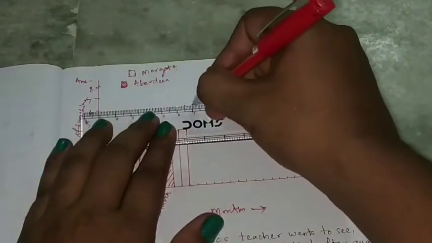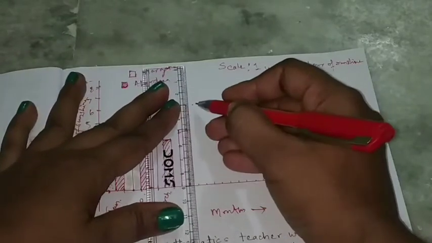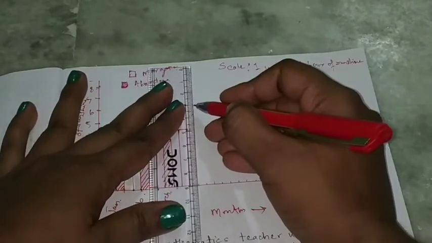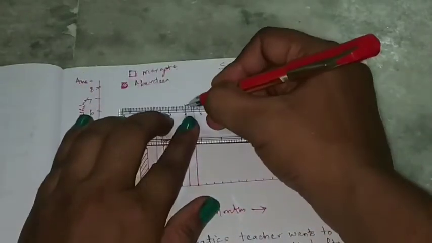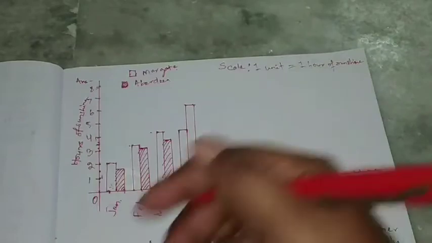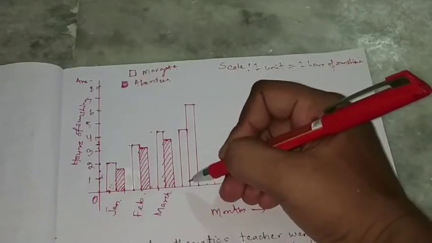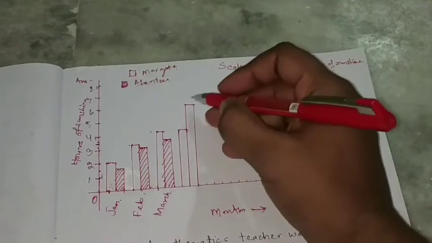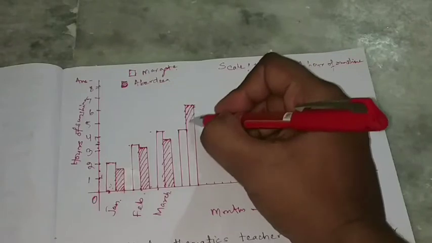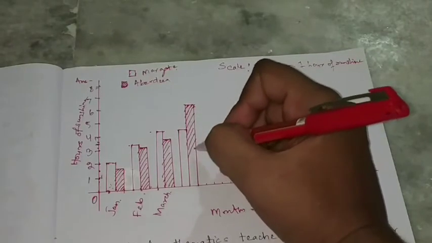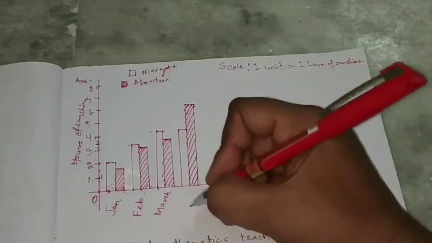So mark it this one and attach it. Okay. So for Margaret the first bar is blank, and for Aberdeen the second bar is marked by slash. Okay, this is for April.